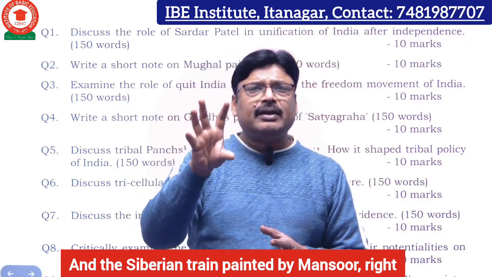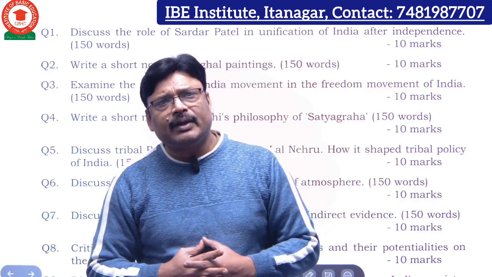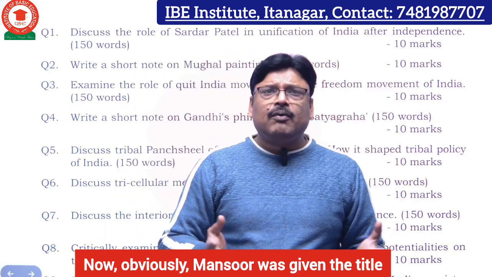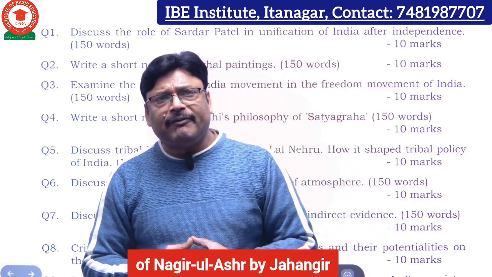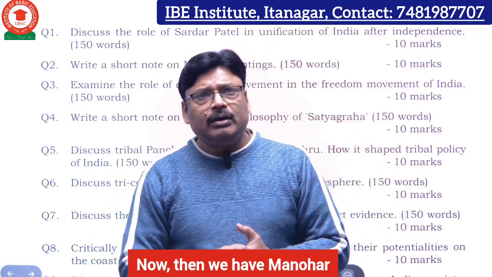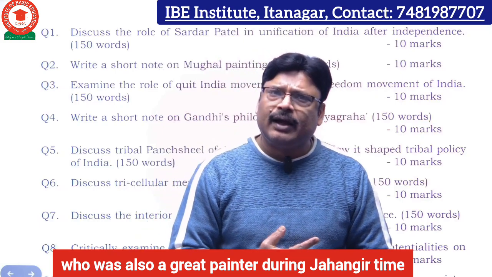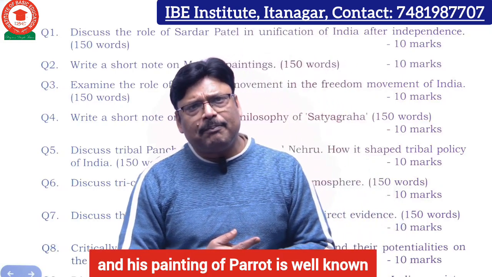The Siberian crane painted by Mansur is still there. Mansur was given the title of Nadirul Asr by Jahangir. Then we have Manohar, who was also a great painter during Jahangir's time, and his painting of a parrot is well known.